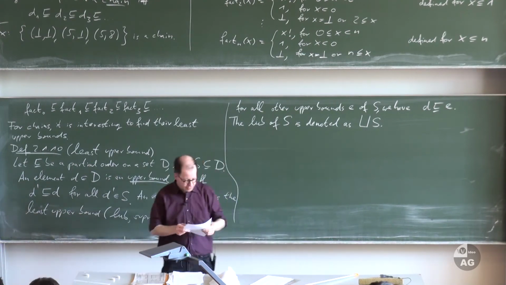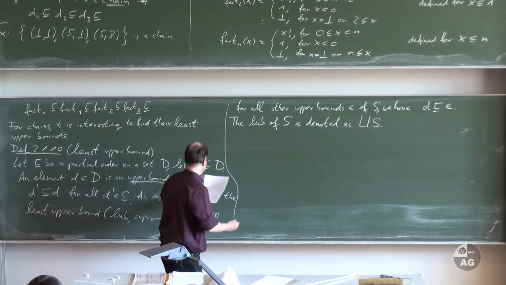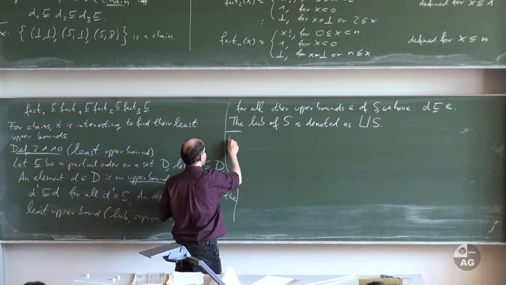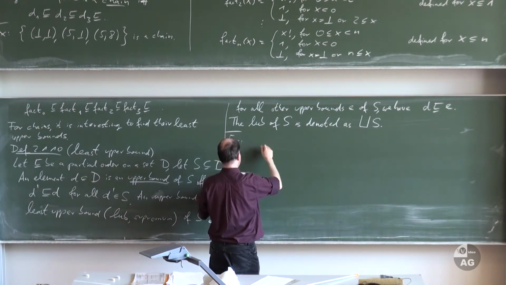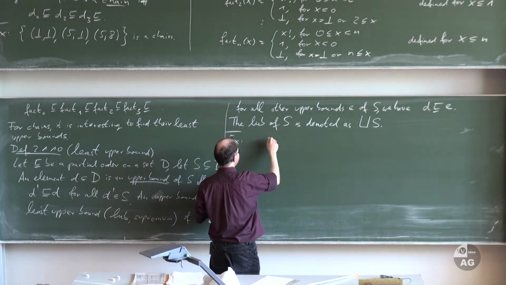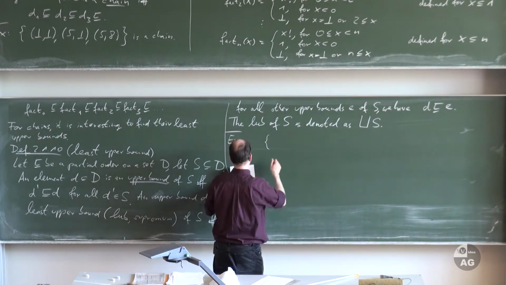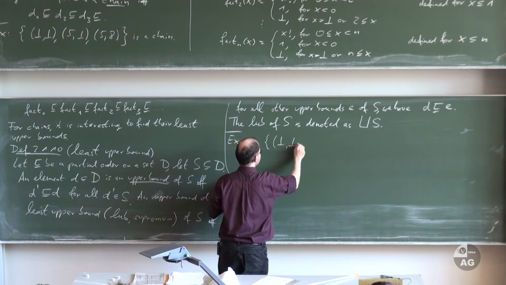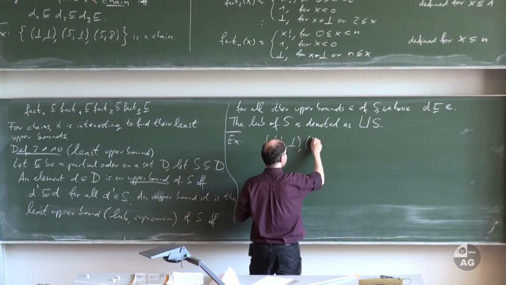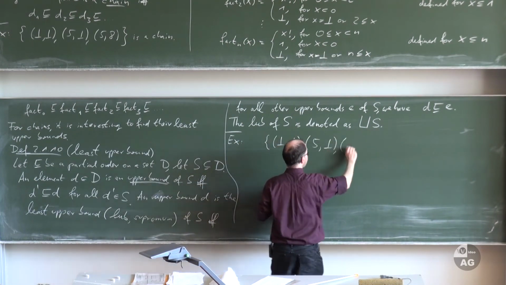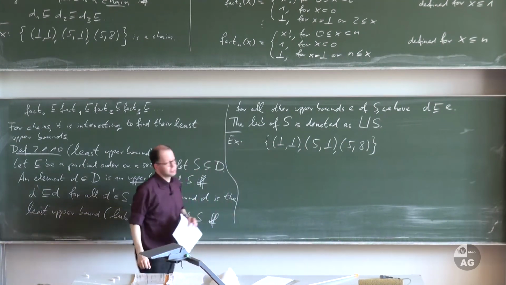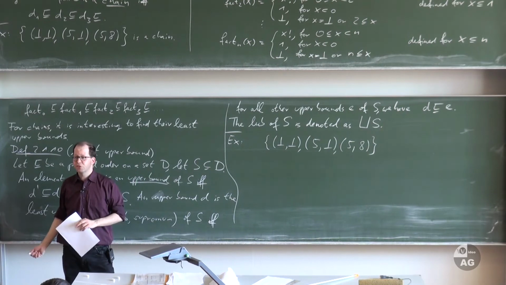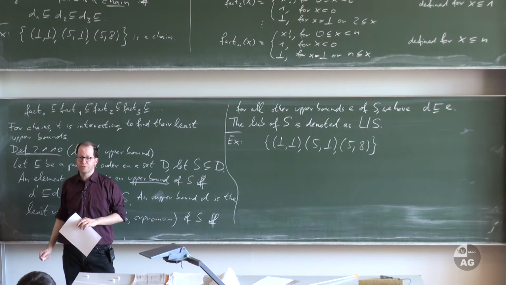So let's look at some examples. So if we look at the following chain, how many upper bounds does this set have? This chain, does it have upper bounds? And if so, what are the upper bounds?